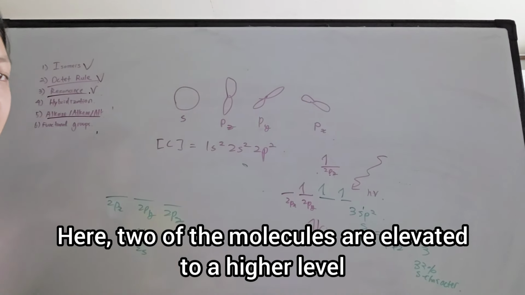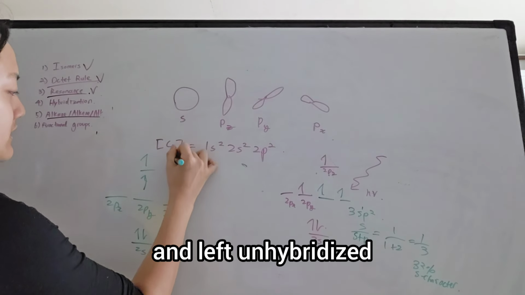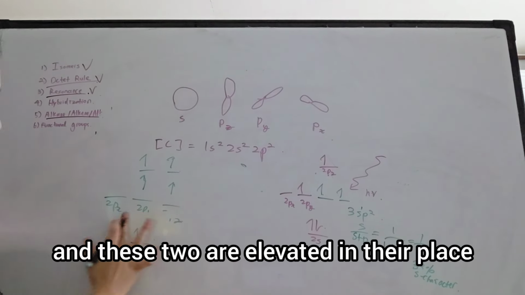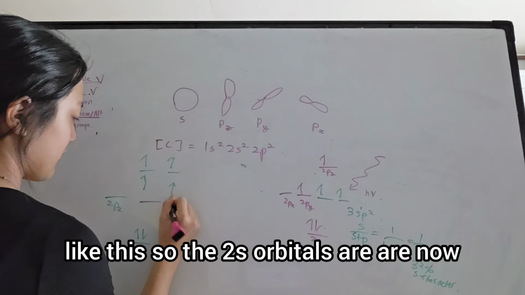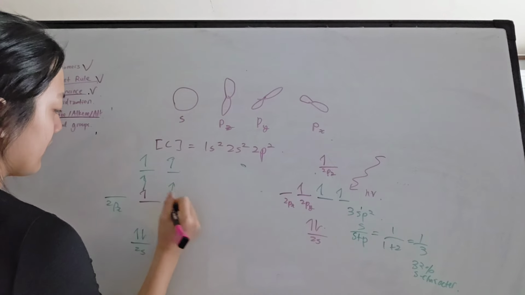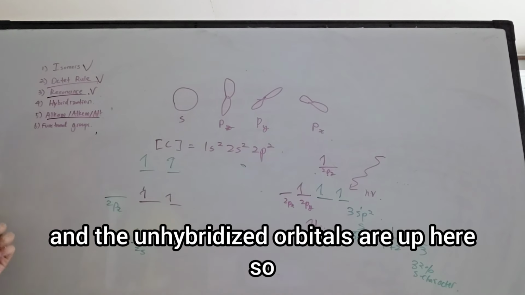Here, 2 of the orbitals are elevated to a higher level and left unhybridized, and these 2 are elevated in their place, like this. So the 2s orbitals are now in this position, and the unhybridized orbitals are up here.